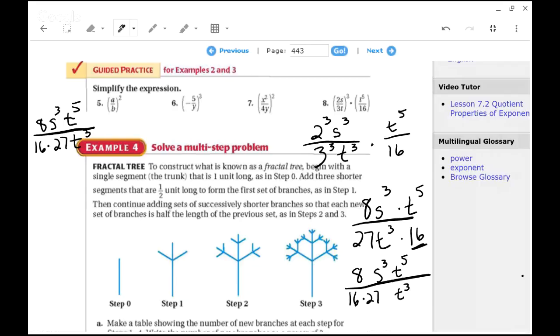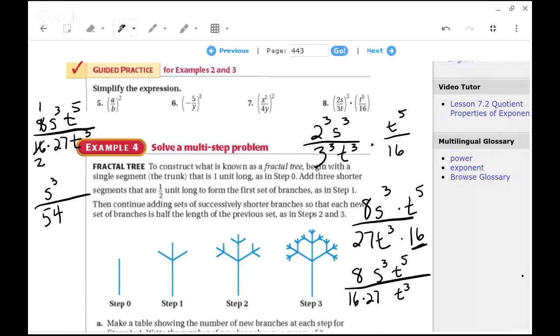Now, you can reduce this 8 and 16. The s to the 3rd is going to stay at the top. I have 2 times 27 at the bottom, and that's going to give me 54.